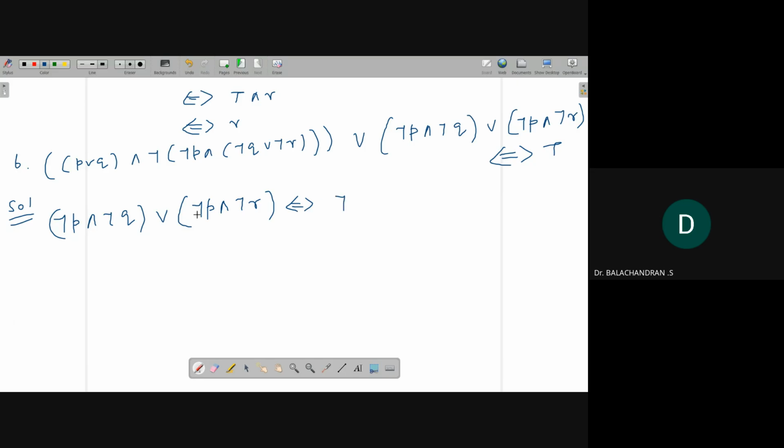So what you will get? Negation of (P or Q) or, take negation common here, (P or Q), here also (P or R). Here also apply De Morgan's. This is equivalent to, so again I am applying De Morgan. So I take negation common. So P or Q and here and P or R.